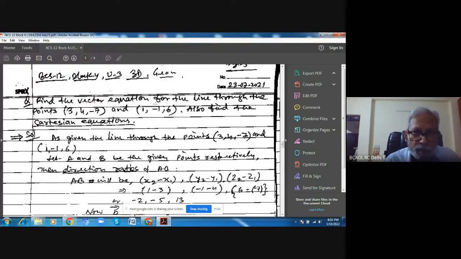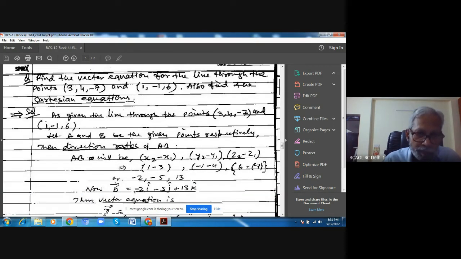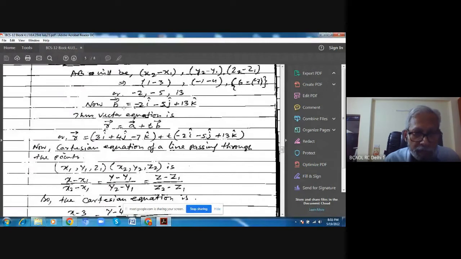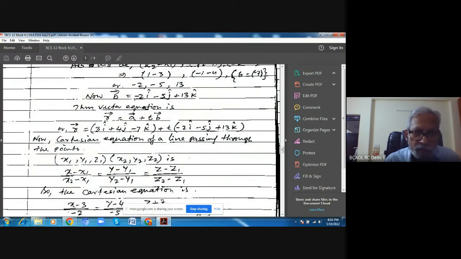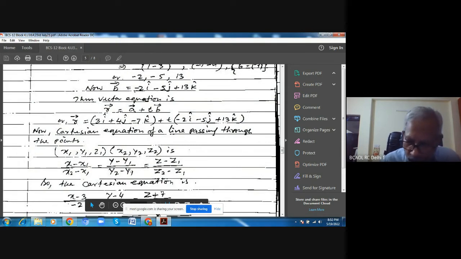Find the equation. Vector was not otherwise necessary, but it is stated that the line will be given through the vector equation, so we had to go to vector form. You have to go along with the question: whatever the question demands, you also have to do the same. So the vector equation is given, and after that you have to go to the formula for the equation of a line passing through these points. That formula is here. I have given all the steps. You will not get all the details in the books, which normally skip steps and do not show so many steps. Because of that, you may be facing problems.